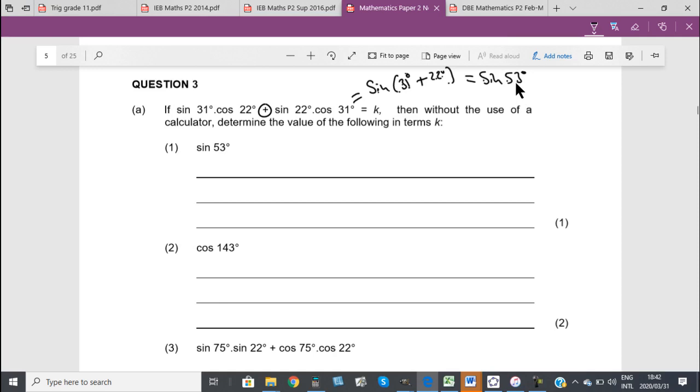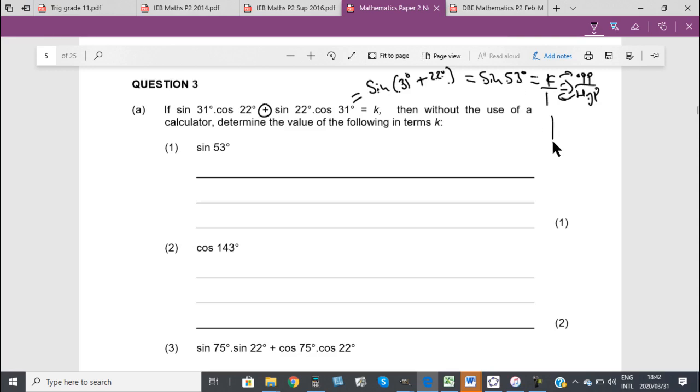Okay, remember I haven't looked at the questions. Now what this means is that sine 53 is K, and because sine is a trig ratio, it means we have K over 1. And what this further means is that the opposite side is K and the hypotenuse is 1 in some right angle triangle.